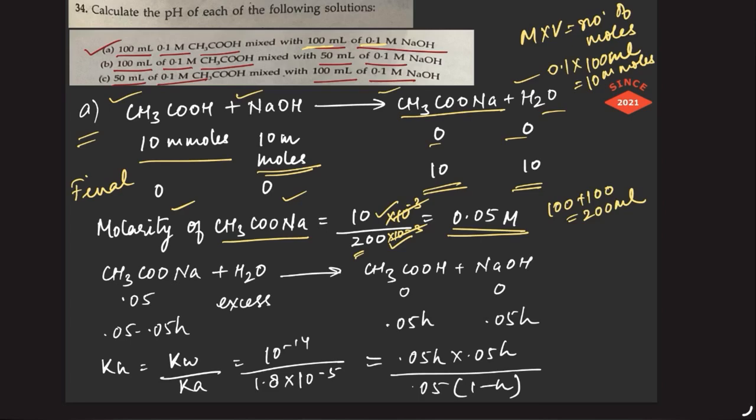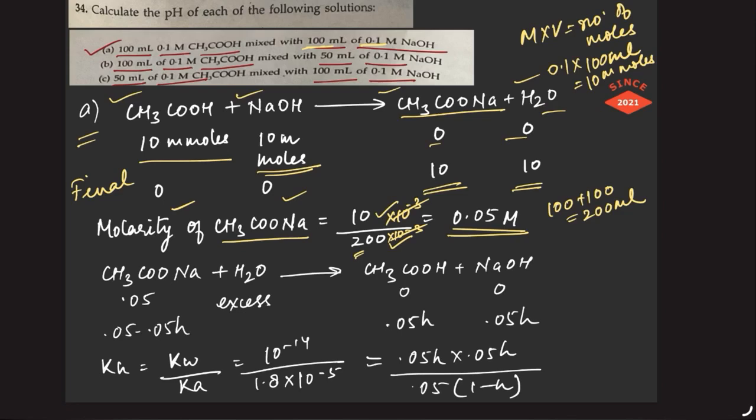Now this salt which is formed undergoes hydrolysis in the presence of excess of water. Now let the degree of hydrolysis be H. Degree of hydrolysis is H, means out of 1 mole, H moles dissociates. So out of 0.05 moles, 0.05 H moles will dissociate.